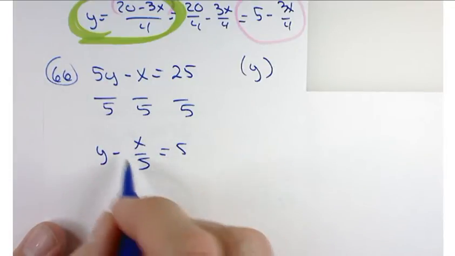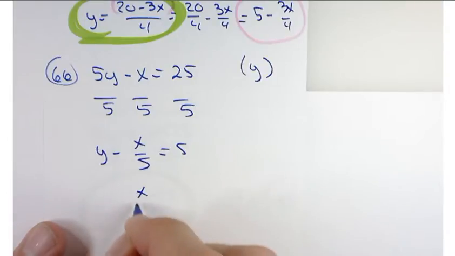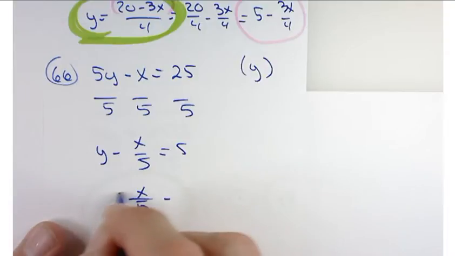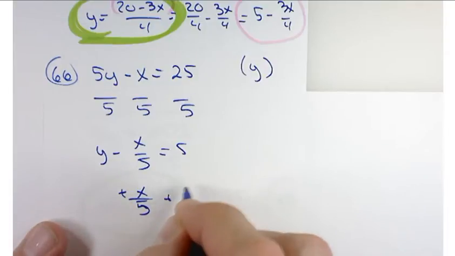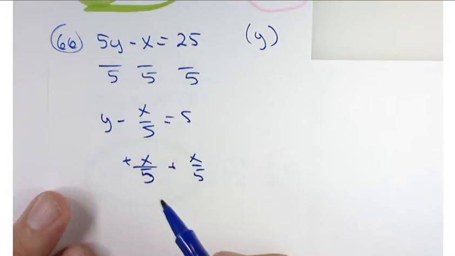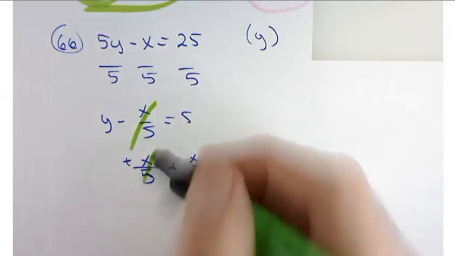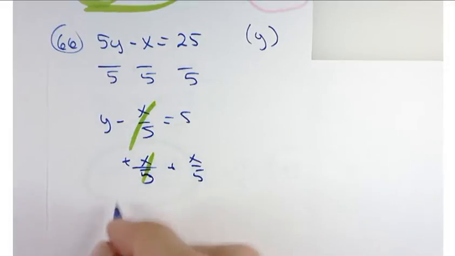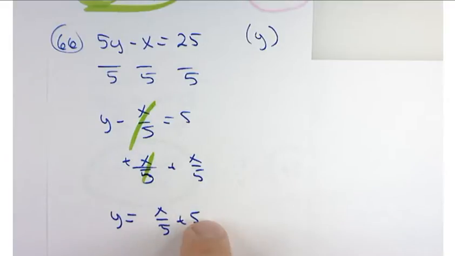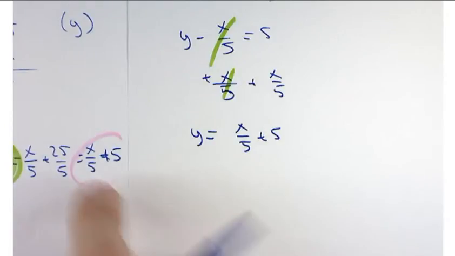And then just add this term to both sides. So x over 5, add to the left-hand side, and to the right-hand side. Now on the left-hand side, these things cancel each other out, right? Because you're adding a number to its opposite. But on the right-hand side, you get y equals x over 5 plus 5. And guess what? That's the same thing we got down here.